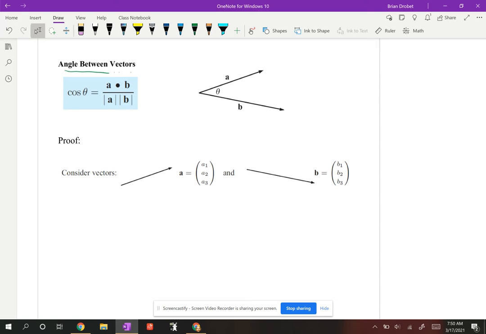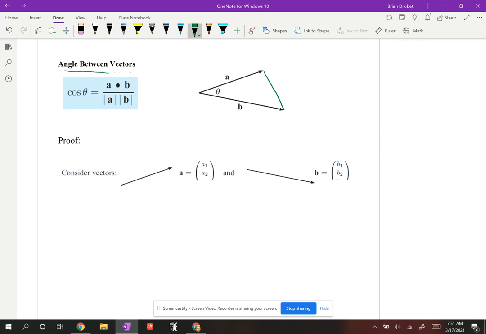Let's look at 2 vectors here. And for simplicity's sake, why don't we just make them 2-dimensional vectors? I don't see why I would choose 3-dimensional vectors, because it works the same way. So let's just assume these are 2D vectors. In the diagram up above, if I connect the hypotenuse right there, I have a triangle.